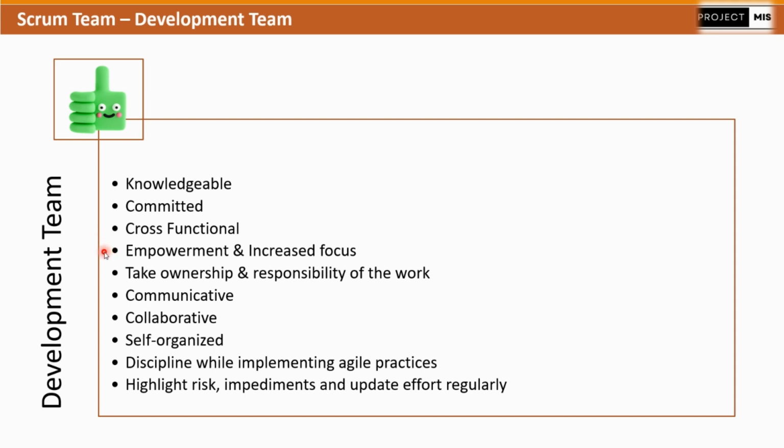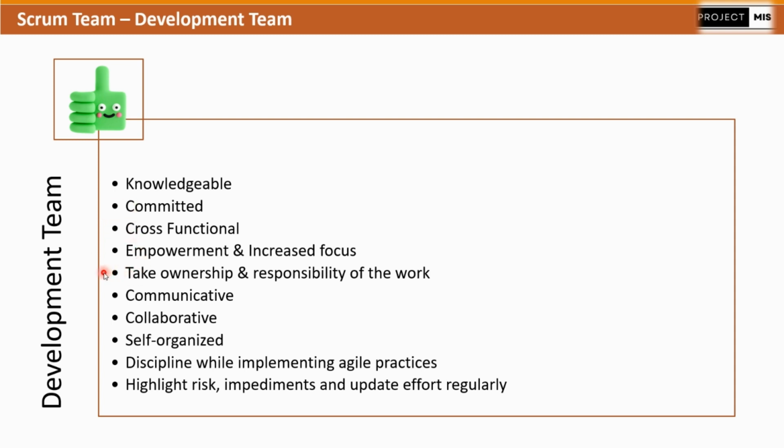Empowerment and increased focus. The development team is given full authority because the whole principle of agile is driving towards a self-managed team, and a self-managed team itself gives them empowerment and they work with increased focus for the development.